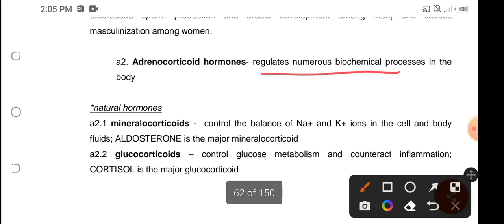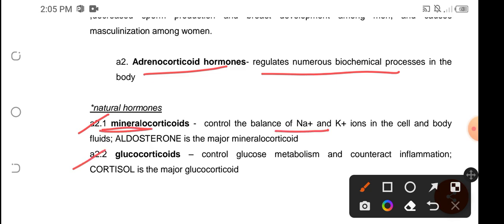This regulates numerous biochemical processes in the body. So we have two natural adrenocorticoid hormones, the mineralocorticoids and the glucocorticoids. Mineralocorticoids control the balance of sodium and potassium ions in the body, and the major mineralocorticoid is aldosterone.